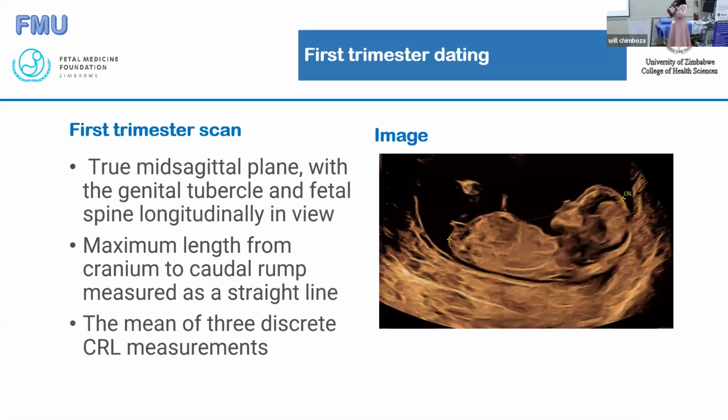Okay, so for the 11 plus 0 to 13 weeks plus 6 days scan, I think Dr. Verenga demonstrated that we need the fetus to be in mid-sagittal position. We should have the head in a neutral position with a pool of liquor between the chin and the chest. We should have the genital tubercle visible, which is this part.